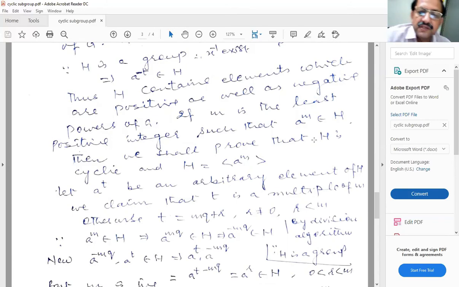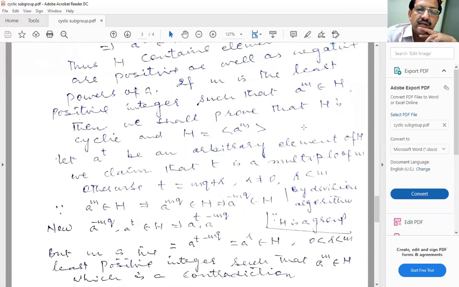Let A raised to power T be an arbitrary element of H. Now we claim that T is a multiple of m. Otherwise T is equal to mq plus r, जैसे अभी किया है by division algorithm theorem. So our claim is T is a multiple of m. Otherwise T is equal to mq plus r, where r is not equal to 0 and r is less than m.